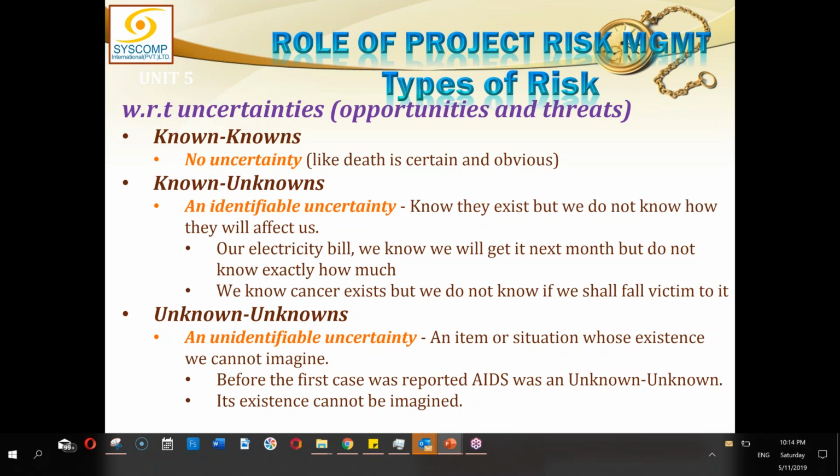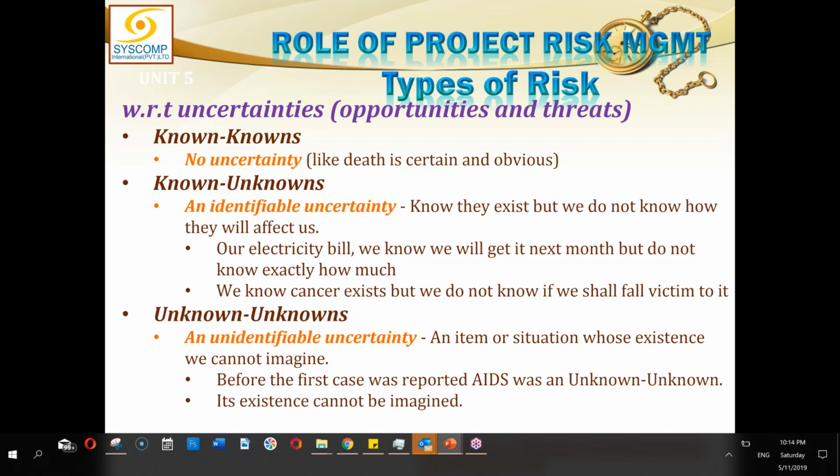It takes about 4 to 6 or 8 hours for water to come from the top of the mountains down to this place. And we know that this is coming, and we can have ample time to evacuate these people. Still, I am at a loss to understand why we are not doing that. So these are the known knowns which we do not treat at all. We are ignorant. We close our eyes to that. We are a risk averse kind of people.